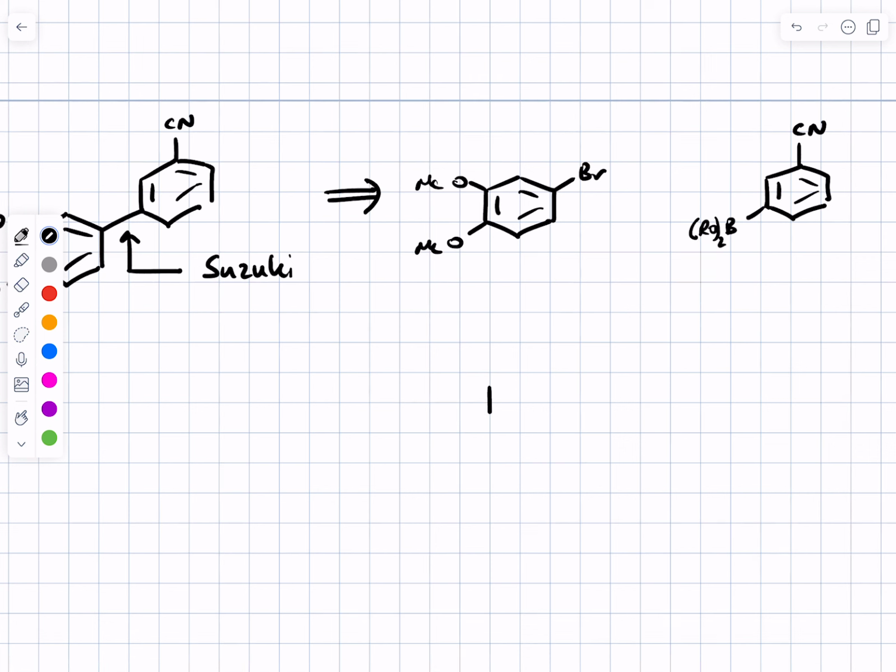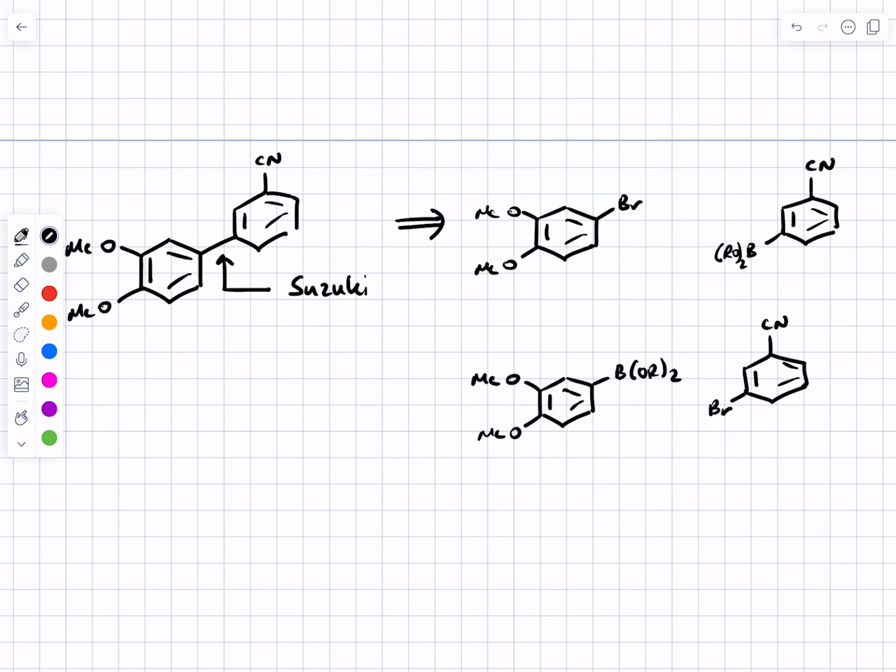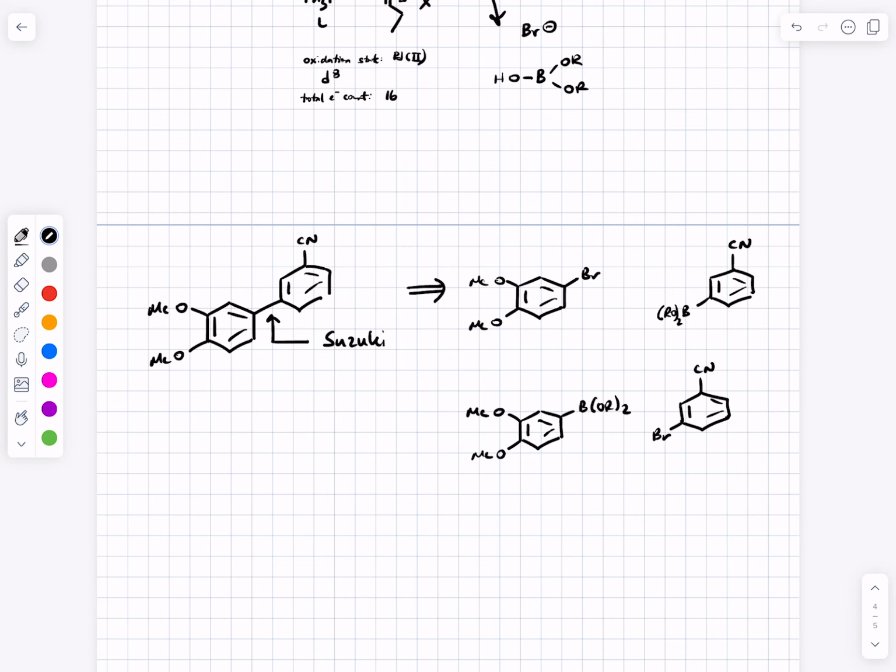Or you could potentially choose to have this side be the organoborane and this side be the halide. And at this point, there wouldn't be necessarily any particular reason why you should choose one versus the other. If you were going to make a distinction, maybe it would have to do with whether it's easier to synthesize the borane or the halide on either side.